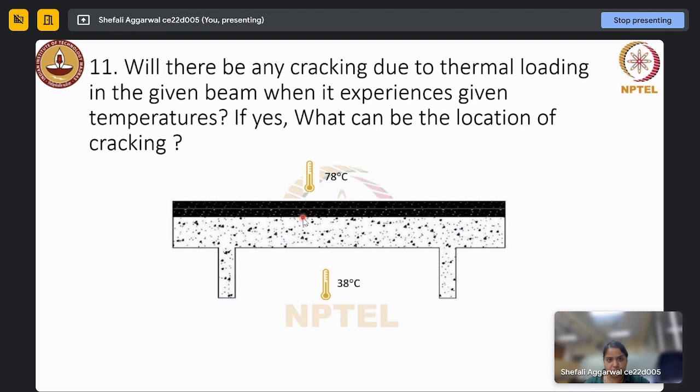Maybe the higher temperature on the top surface will cause expansion, and due to the lower temperature, the expansion will be lesser compared to the top surface. So there might be some curling, like a hogging movement. In that case, the top surface may crack, tensile cracks, or fracture cracks, whatever it may be.